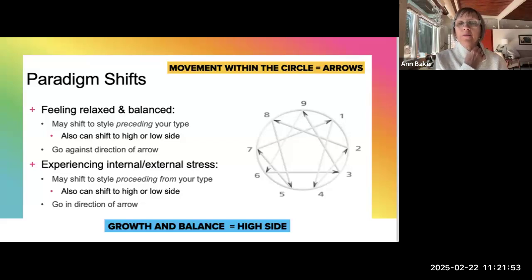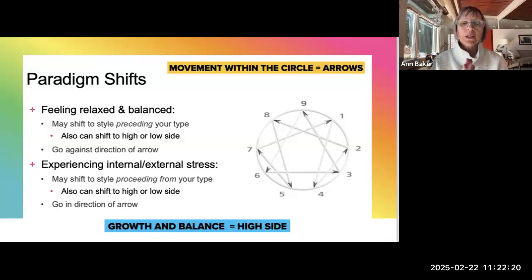So, for example, we'll look at type 7. Type 7 can shift to a 1, and that's a very helpful shift for the 7 who has all kinds of opportunity and has a hard time narrowing focus. So the 1 is very focused.